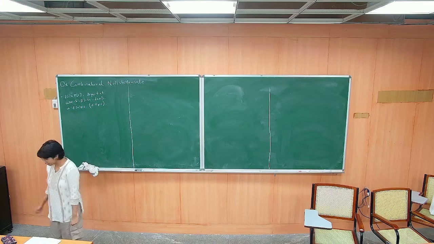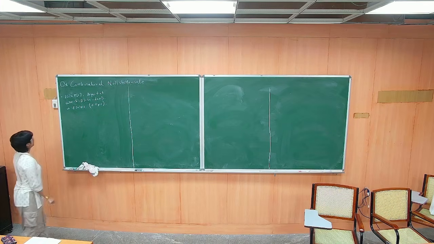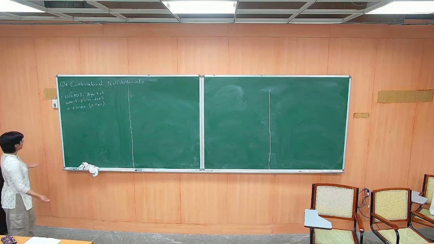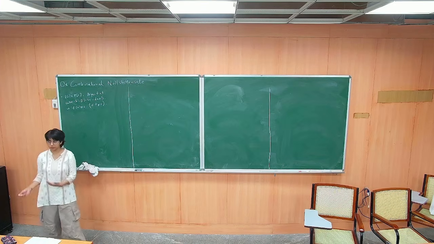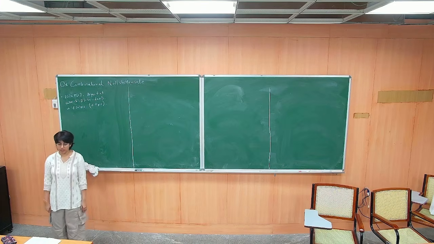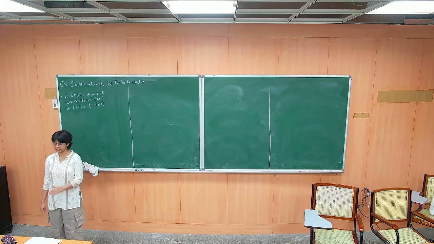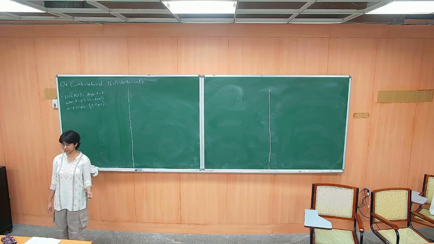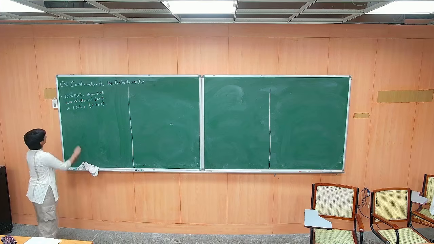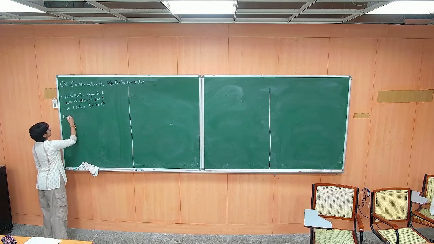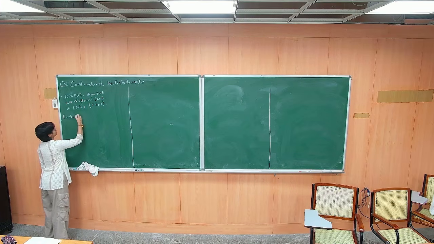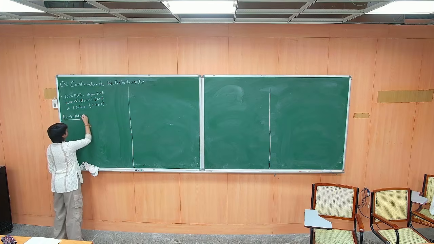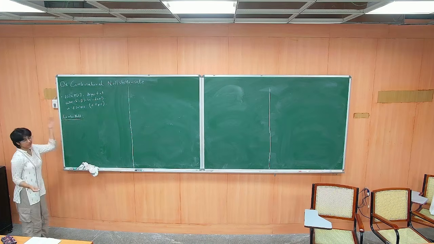So I'll just state the theorem I will be using throughout the lecture. I won't prove it until the end because I want to focus more on the applications of that theorem.